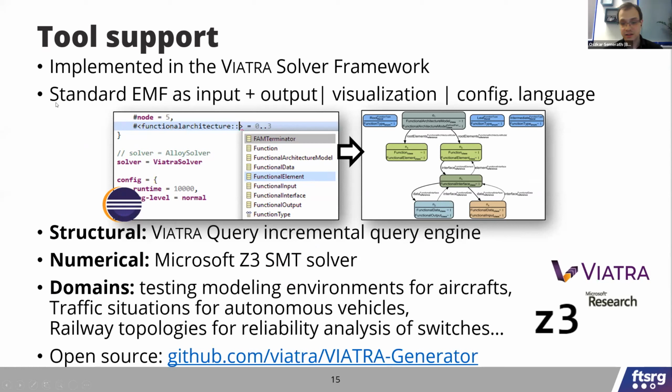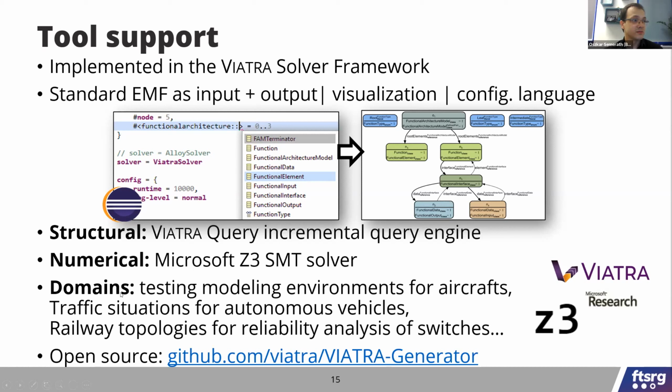It gets standard EMF models, which are modeling standards for describing graph models, as an input, and it can generate graph models as output, and we can visualize them as GraphML or in other techniques. For structural reasoning, we are using Viatra query, which is an incremental query engine developed for models and modeling environments. And for numerical reasoning, we are using the Microsoft Z3 SMT solver.